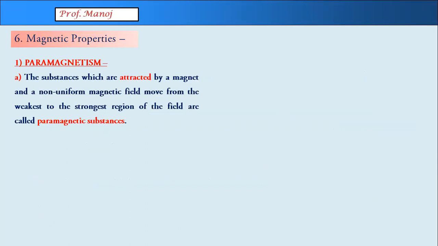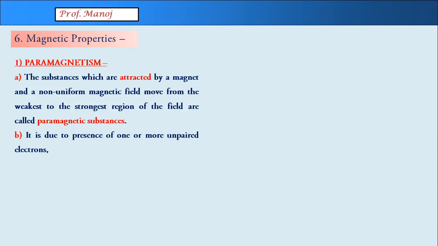This is the definition. In all my short notes, my first point is the definition, although I have not labeled it there. Important words I have made in red here. Substances that get attracted to a magnet, or to a non-uniform magnetic field, from the weakest to the strongest region, are called paramagnetic substances.